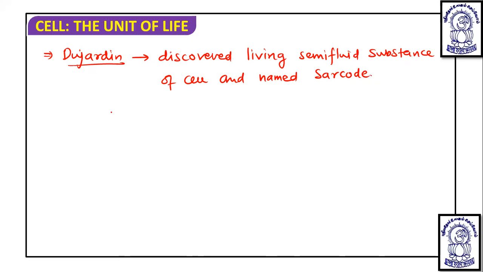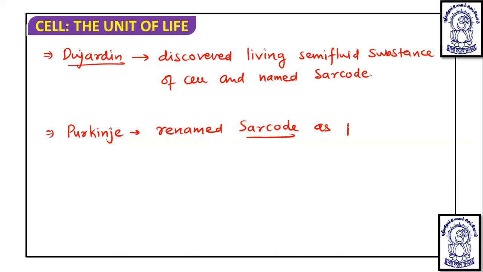Purkinje later on renamed sarcode, which was given by Dujardin as a jelly-like substance, as protoplasm.